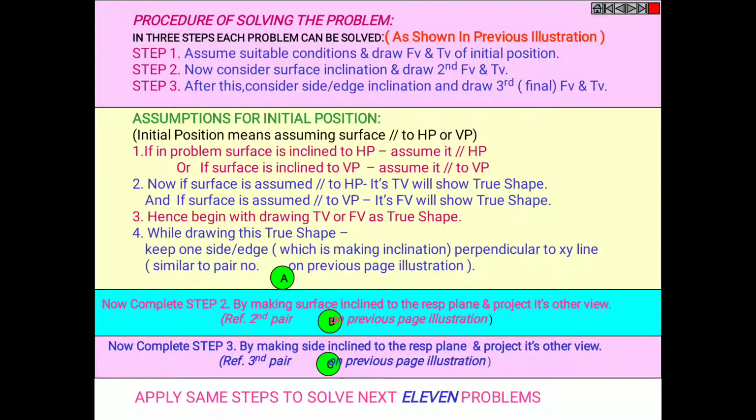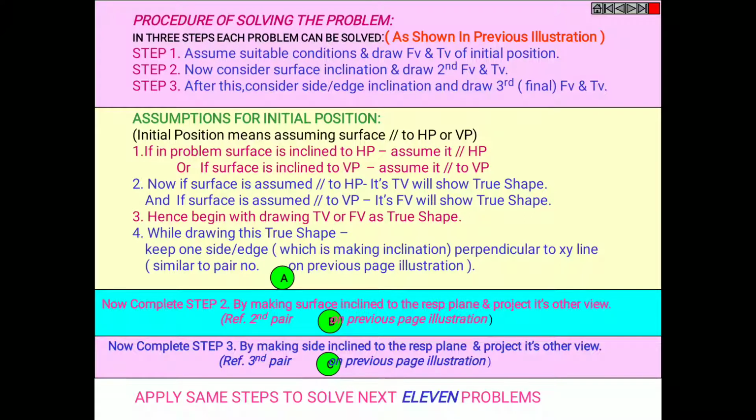So you cannot make step 3 directly. Why so? There are some projections from step 1 to 2, 2 to 3, which we have seen in the previous illustration. You have seen clearly from second to third there are some projection lines from the inclined front view to the front view of the third stage.